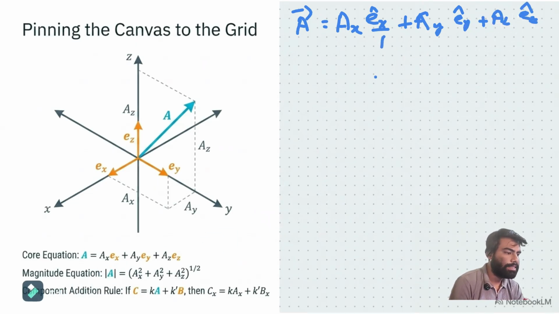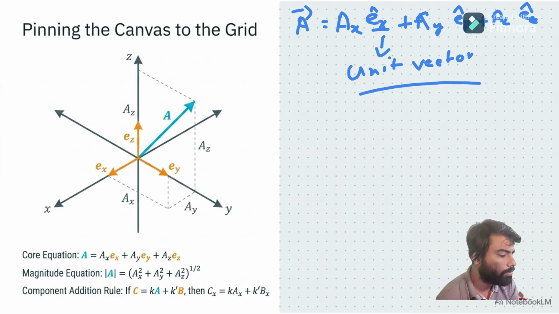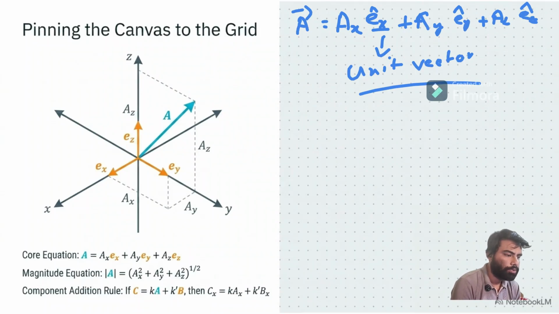This ex is actually our unit vector. It is also an important concept, the unit vector. What is a unit vector? A unit vector has a direction, but its magnitude is always 1. So ex means the unit vector along the x-axis.